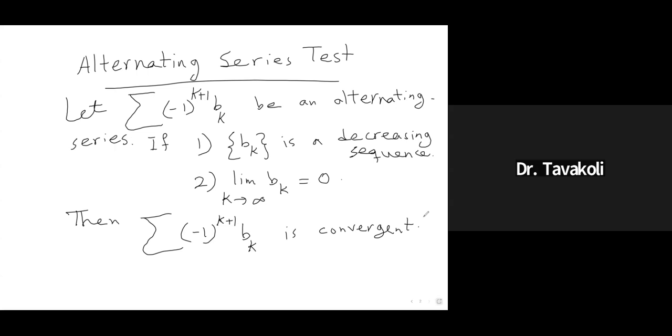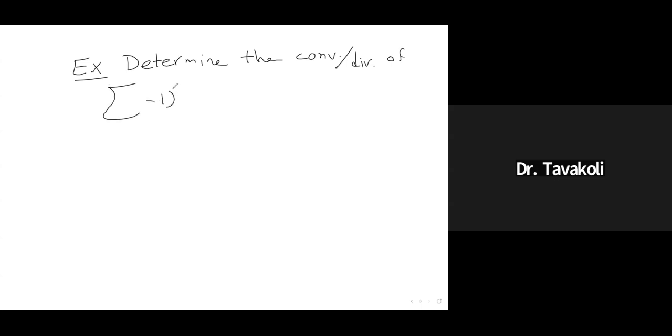Let's see an example. Determine the convergence or divergence of sigma of -1 to the power of k plus 1 times 1 over k, k runs from 1 to infinity.